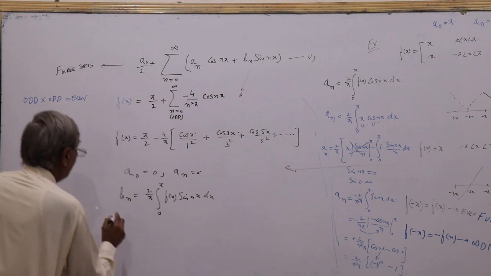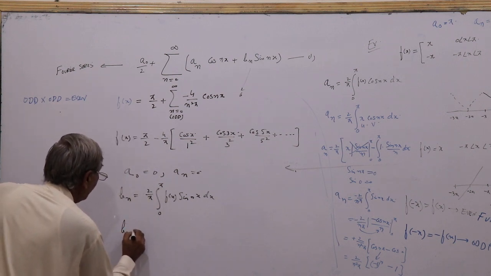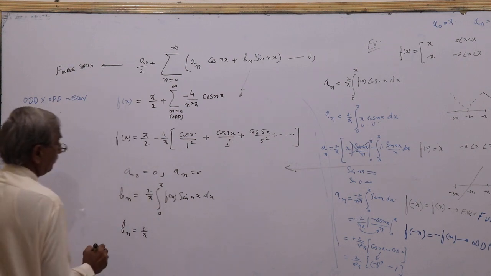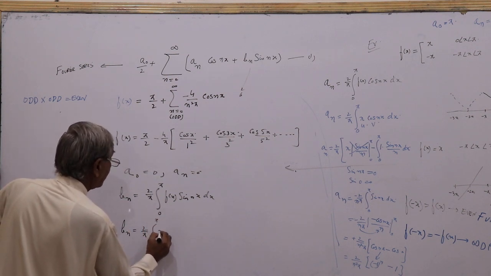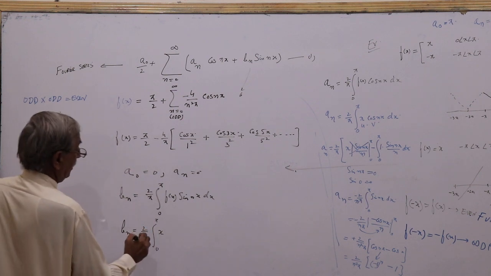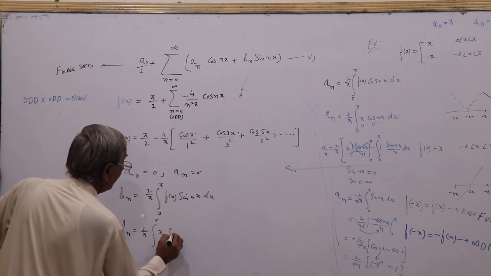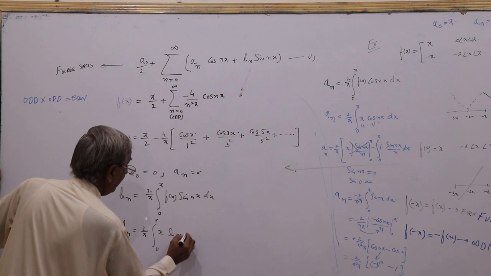In that case, bn is equal to 2 over pi, integral 0 to pi, fx is x, sine nx dx.